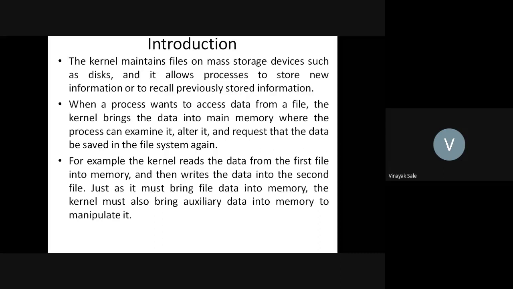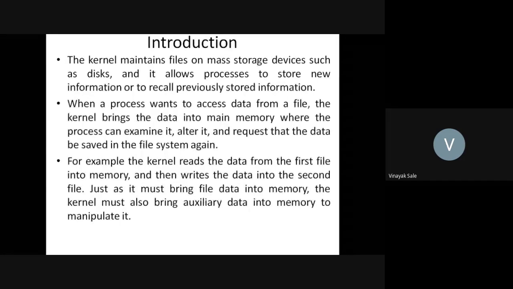When a process wants to access data from a file, the kernel brings data into main memory where the process can examine it, alter it, and request that the data be saved in the file system again. For example, the kernel reads data from the first file into memory and then writes the data into the second file.